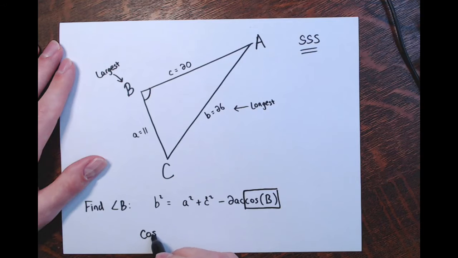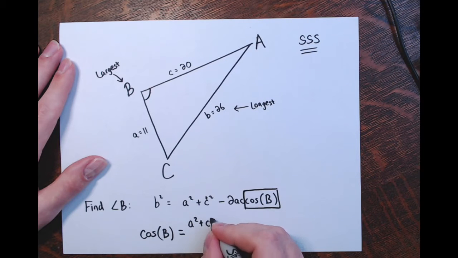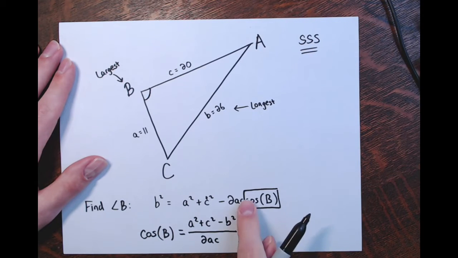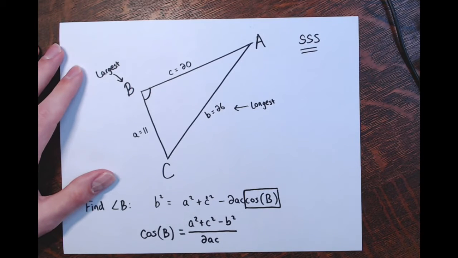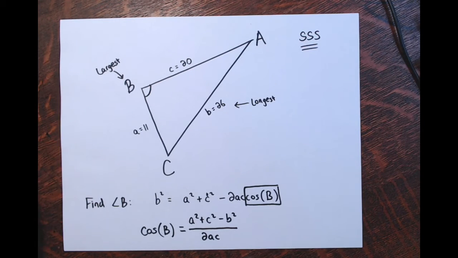The cosine of B would be equal to a squared plus c squared minus b squared, all of that divided by 2ac, because I would add this, subtract b squared, then divide by 2ac. And then angle B would just be the inverse cosine of that fraction.